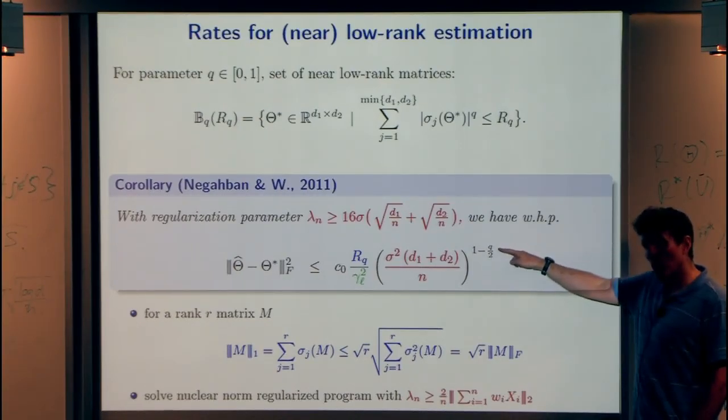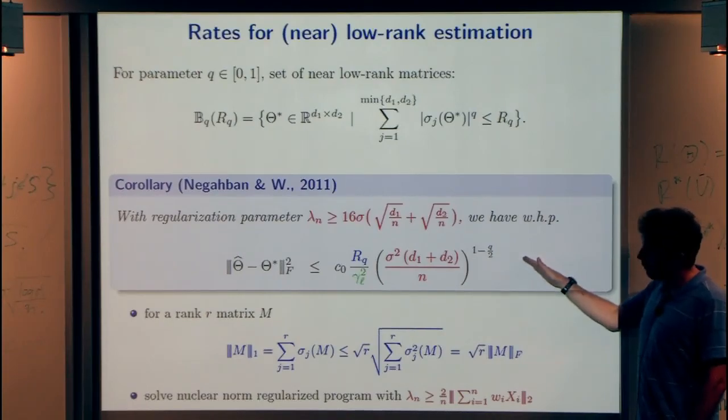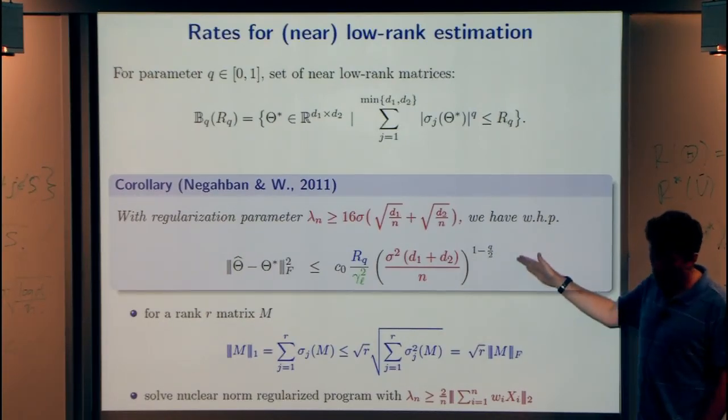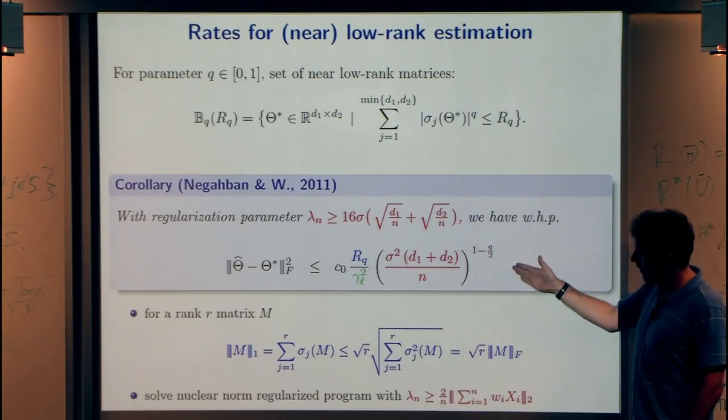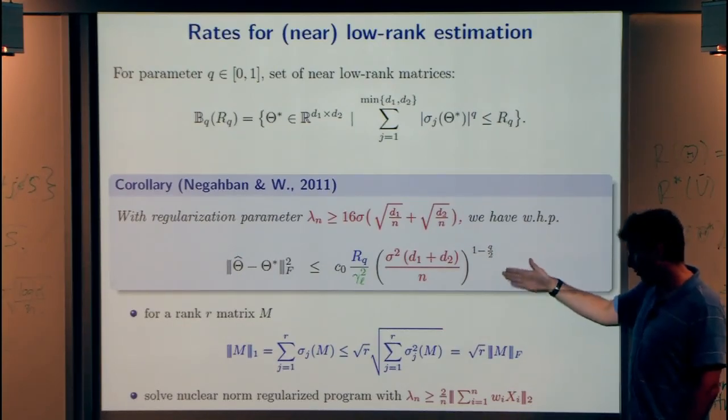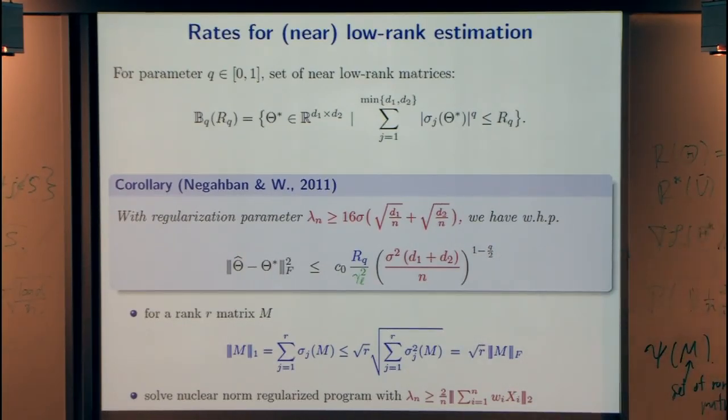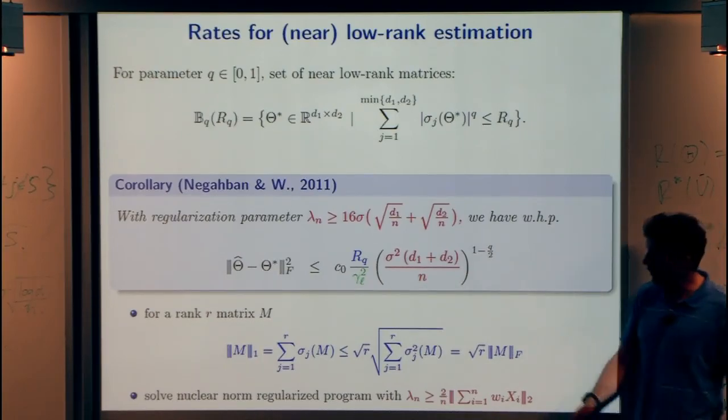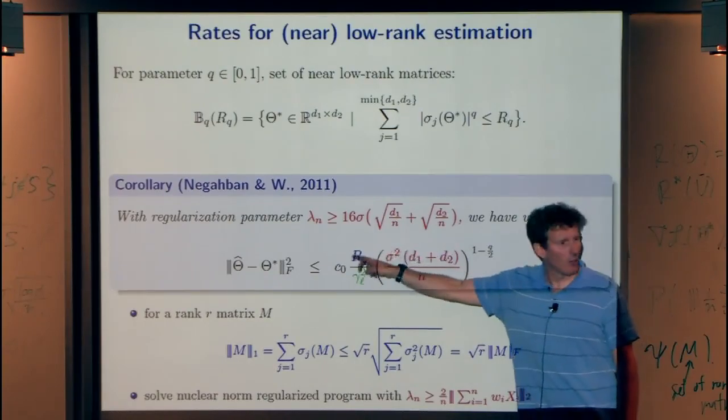Your method does not know Q, but the method is what a statistician calls adaptive because it attains a bound that depends on Q, and actually depends on Q in the optimal way. So when you do the lower bounds, it's again the same recipe. You have to compute metric entropies of LQ balls of matrices and so on. There's some technicalities, but this is unimprovable.